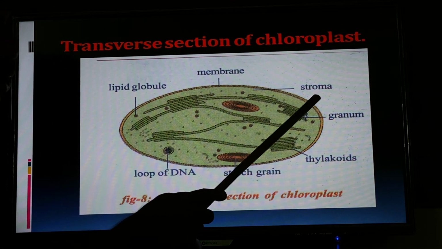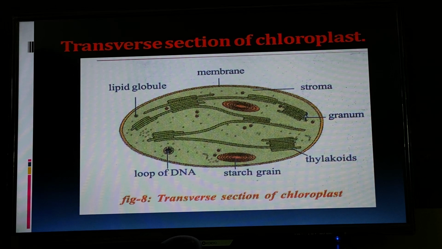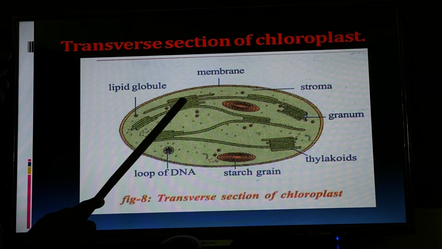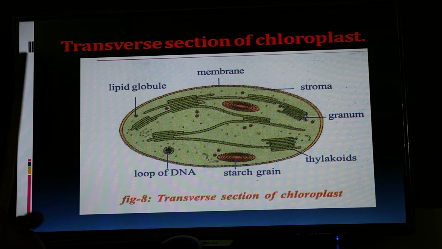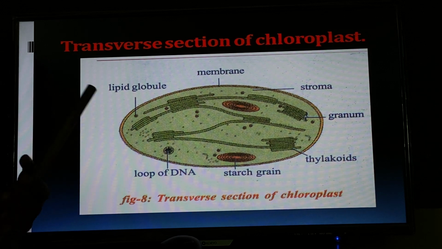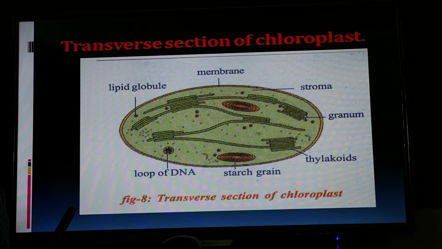Three: outer membrane, inner membrane and thylakoid membrane. Third point, stacks of thylakoid membranes called granum. When thylakoid membranes are present one upon another to form a stack-like or bundle-like structure, it is known as granum. That is the third point. Fourth point, chlorophyll and the accessory pigments.